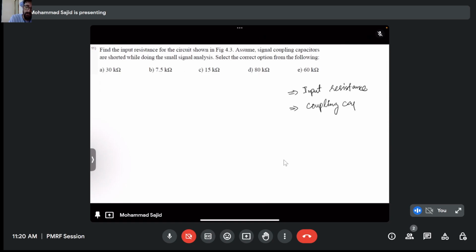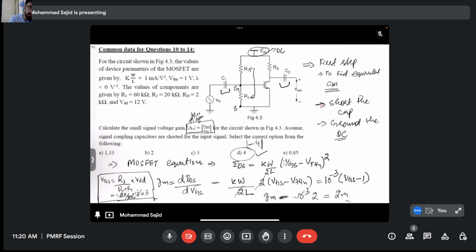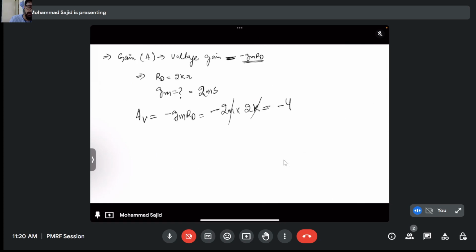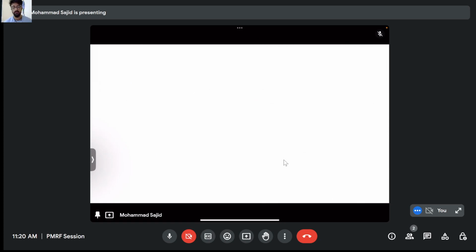Coupling capacitors, why are they called coupling capacitors? Just to allow, if you want, only DC signal or AC signal. Let's say, for example, in this circuit, this will not allow DC to flow through here. It will only allow AC to pass. Similarly, it will allow AC to pass here and no DC current. So this is for biasing purpose and to differentiate the path between DC and AC.